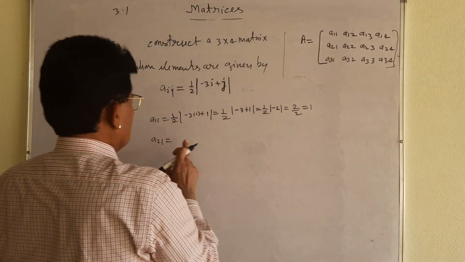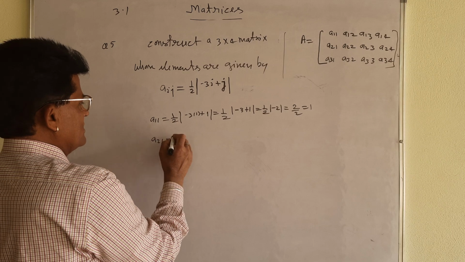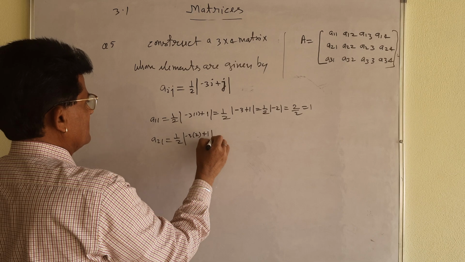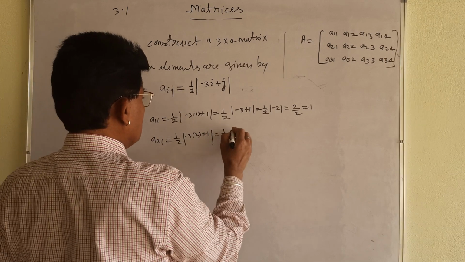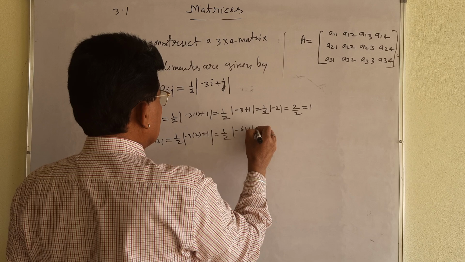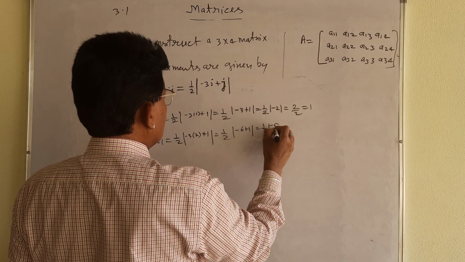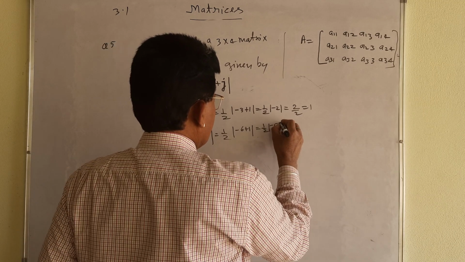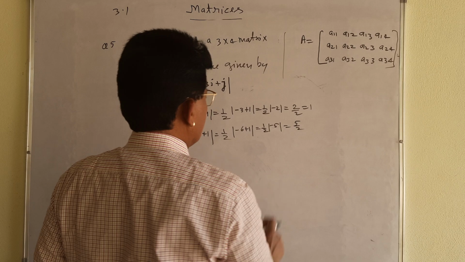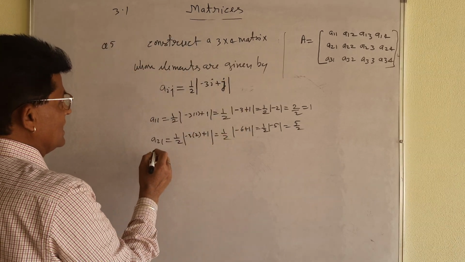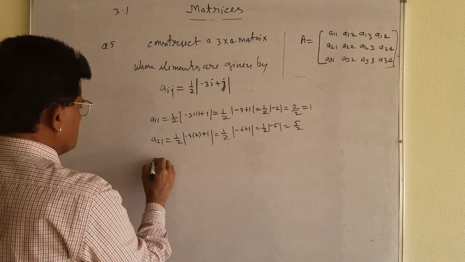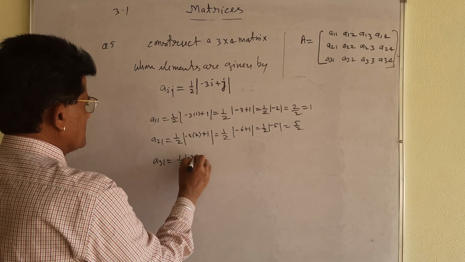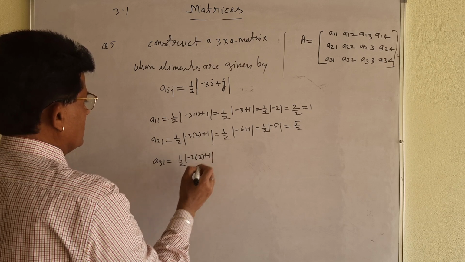A21, I2 J1 लिखिए यहां पर I2 और J1. ओके, कैलकुलेट कर दीजिए. फाइंड द कैलकुलेशन. -6 + 1 and that will be equal to 1 by 2, minus 5, absolute value of -5. Okay, it will be equal to 5 by 2. Okay, next third element of third row, A31. 3 row and first column.